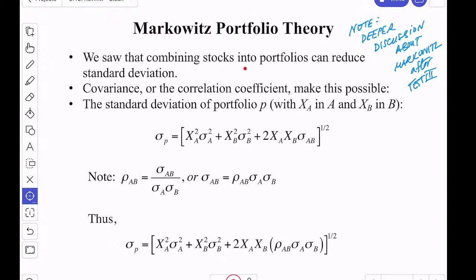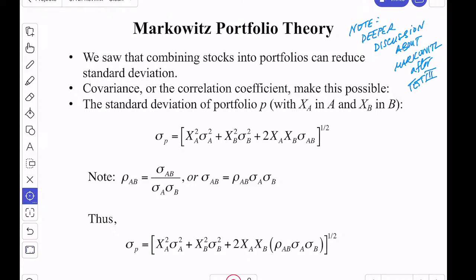So we saw that combining stocks into portfolios can reduce the standard deviation, or the measure of risk. Covariance, or the correlation coefficient, makes this possible. The standard deviation of a portfolio, remember, is the square root of this long term, which we know where it comes from now.